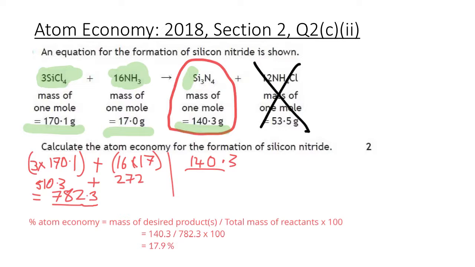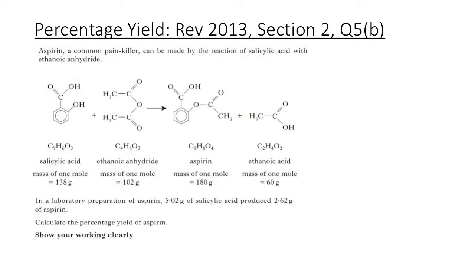So a reminder, atom economy, we're working with the balanced equation alone. We've not done any experiments. We're seeing what percentage of the reactants are converted into our desired product using this particular reaction. So we'll look at examples of percentage yield now, and a reminder that this is based on an actual experiment.